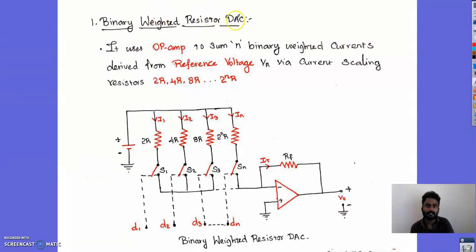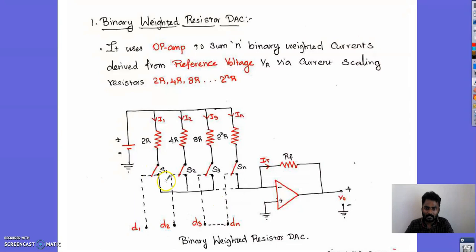Your binary weighted resistor DAC uses an operational amplifier to sum up the binary weighted currents derived from the reference voltage, and via the current scaling, the resistors will be 2R, 4R, 8R, up to 2 power n into R. It goes on increasing based upon the number of bits. Here we give a supply to the resistances through switches, and the input signals are connected.